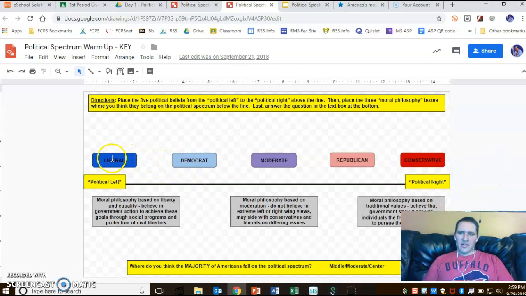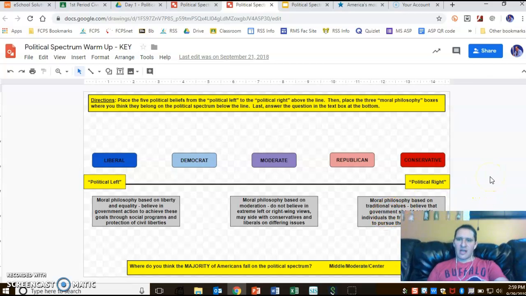Okay, liberal all the way on the left, Democrat to the left center, moderate in the middle, Republican to the right center, and conservative to the far right. With the moral philosophies, the liberal were based more on liberty and equality and social action. The conservative more based on traditional values and belief of the individual to create and pursue their own goals.